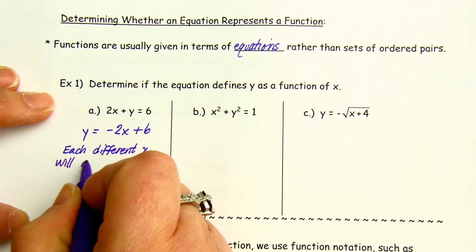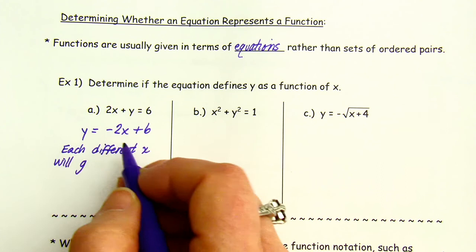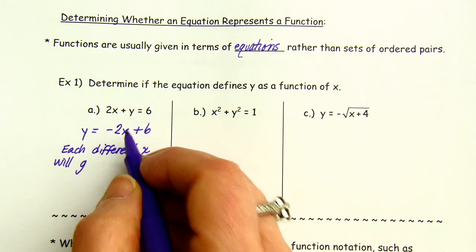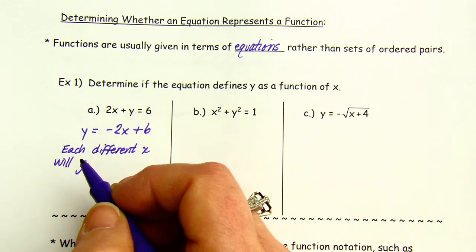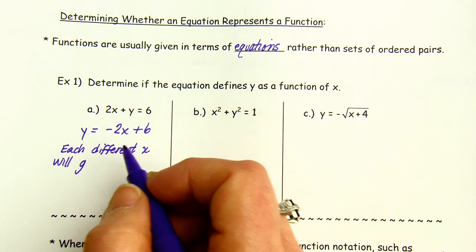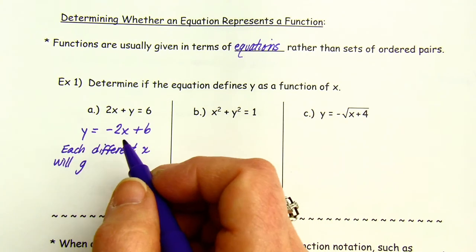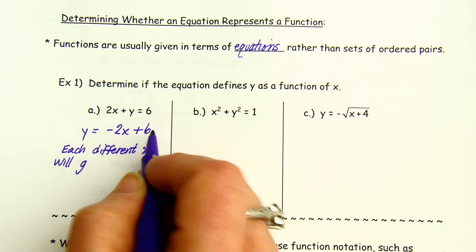Meaning, if I want to evaluate this or find the value of y for a particular value of x, if I put a 1 in here, well, negative 2 times 1 is negative 2 plus 6 is 4. So when x is 1, y is 4. If I put a different value of x in there, I'm not going to get a 4 back out. If I put a 2 in here, this is negative 4 plus 6 is 2.